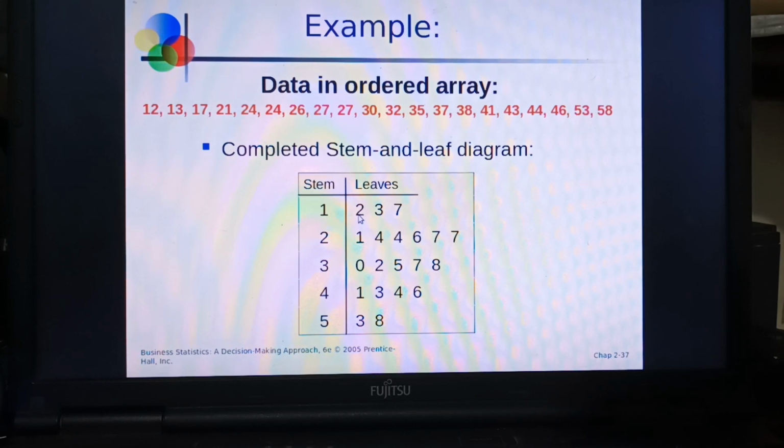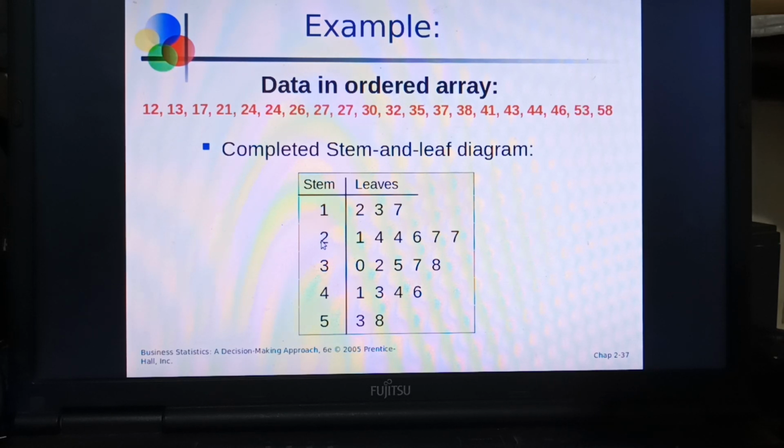This represents 12 because that's 10 plus 2 is 12, and this represents 13, and this represents 17, for these first 3 data. For the 20s, we have here 21, 24, 24, 26, 27, 27.